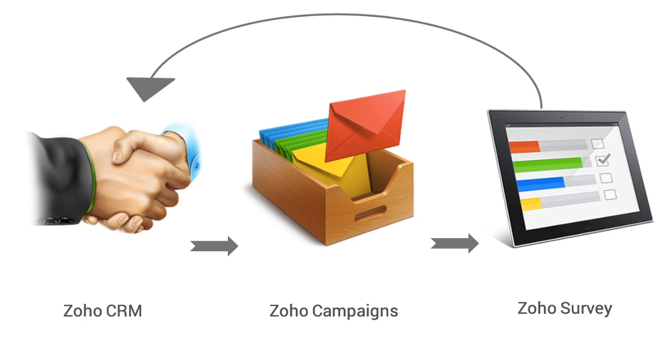Again, feedback is one of the best ways to know how your customers perceive you. I'd encourage you to go ahead and check this out, and don't forget to check for our other webinars. We have some that focus just on Zoho Survey, and they will walk you through the integration process.